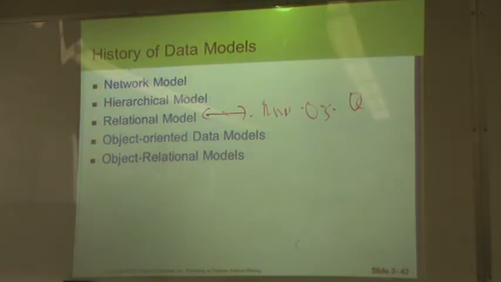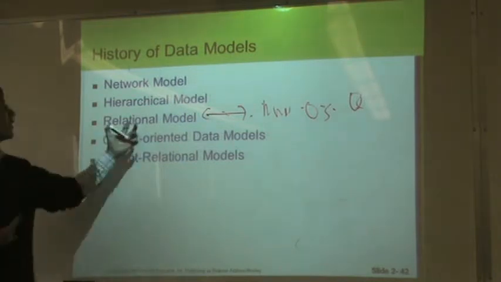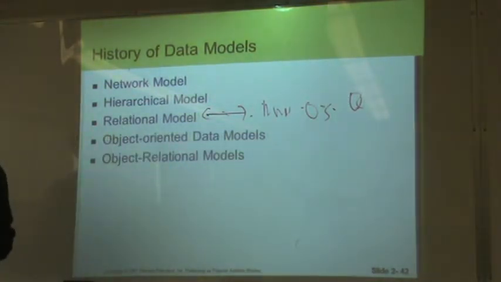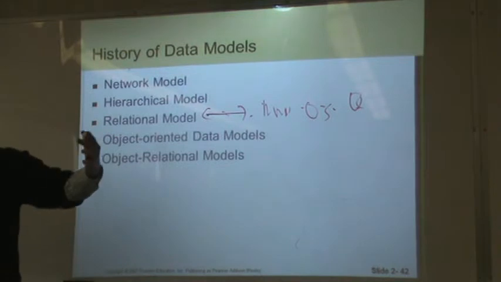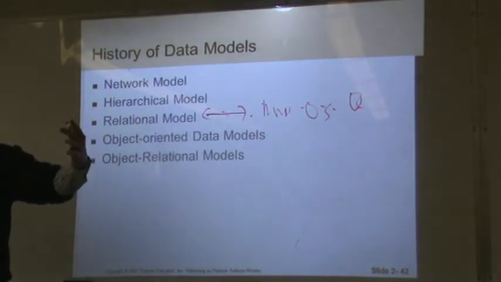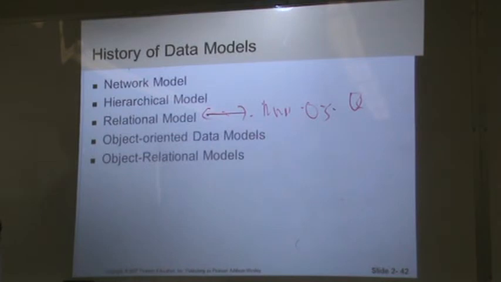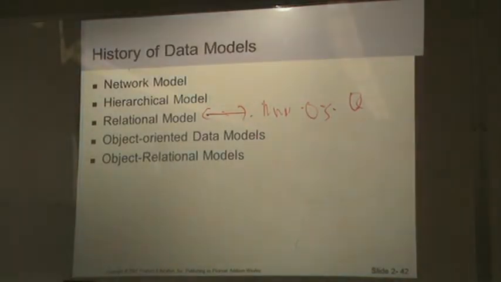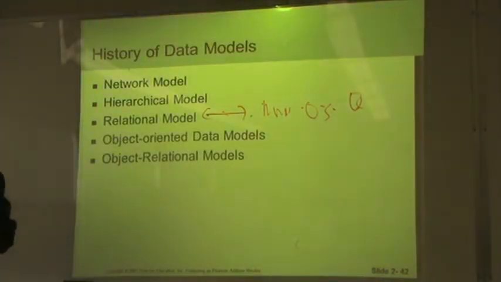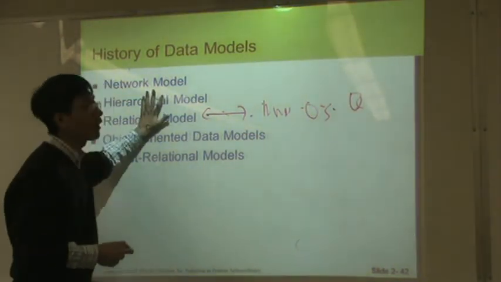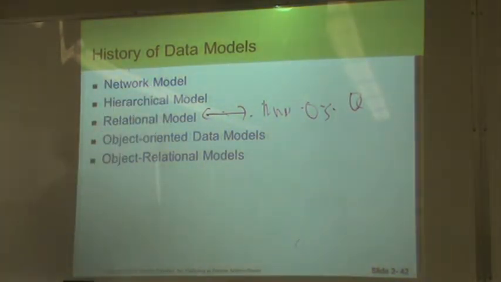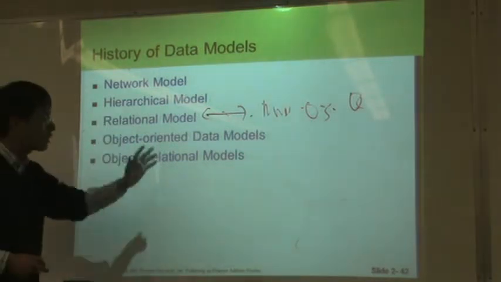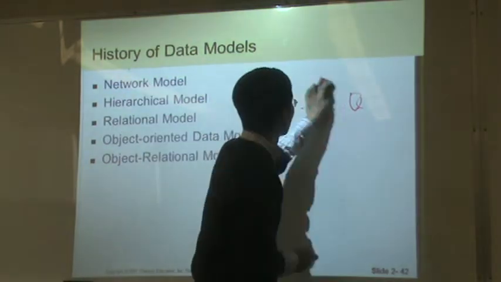For example, in terms of the developing environment like the IDE, they try to hide the database model inside the object, like a component. Then the user can just call the object when they want to access the database. Okay? But inside of that object is purely based on the relational model. So in this class, we will talk about the relational model, followed by how to make the program between the relational model and other programming methods. Okay?